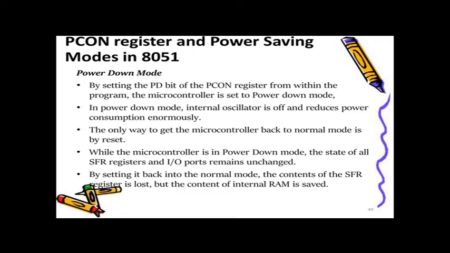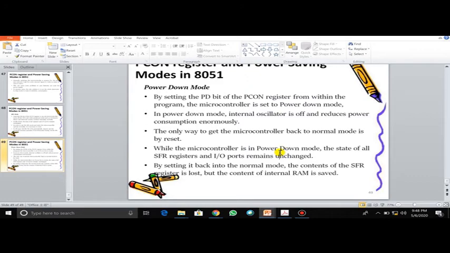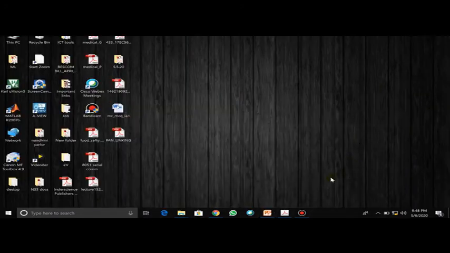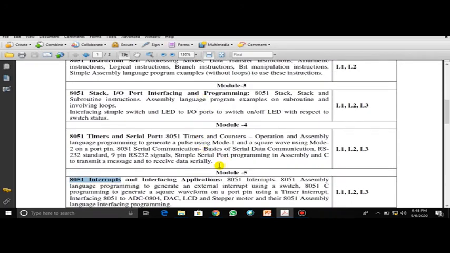So this is about the PCON register. Now, let us discuss the next topic today, that is a new one. According to your syllabus, we are at the stage of module number 4. Here I have planned a few more programs on serial ports in assembly as well as C, which I am going to do in the next class.